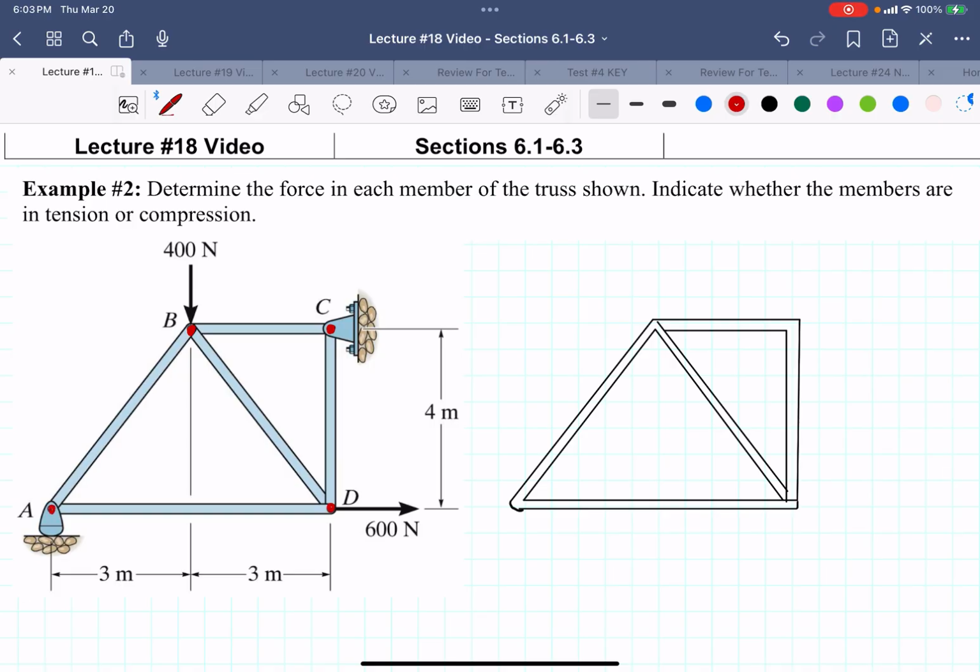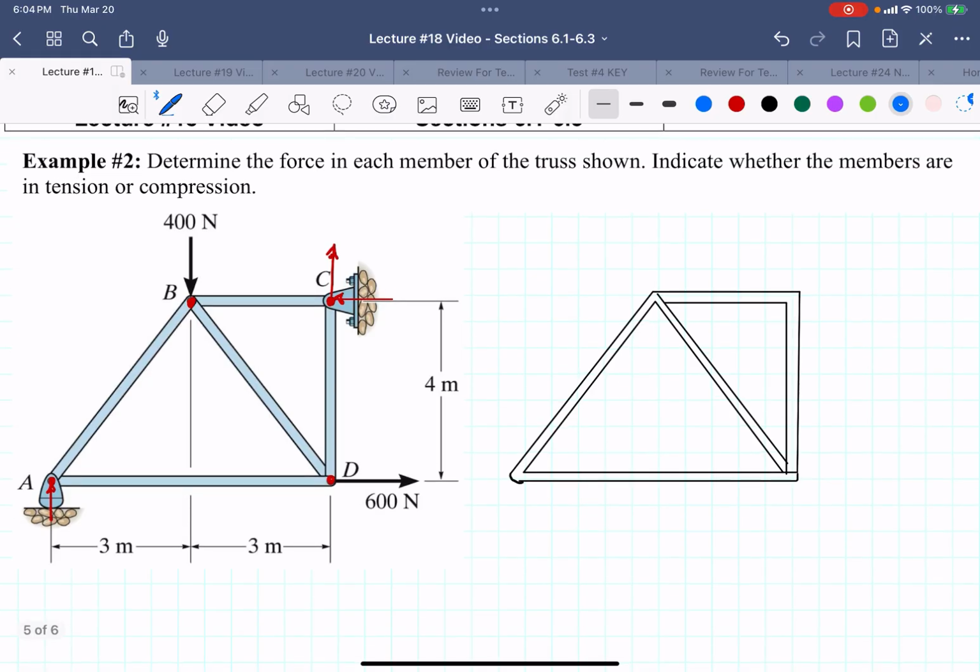So there are no joints that only have 2 forces acting on them, because at A, I'm going to have an upward force from the rocker, and at B, I have an X and a Y force as a result of the pin. So I'm going to need to take the free body diagram and solve for the support reactions for this truss.